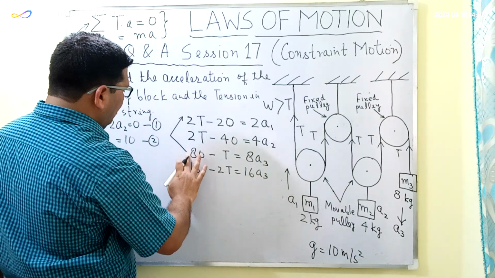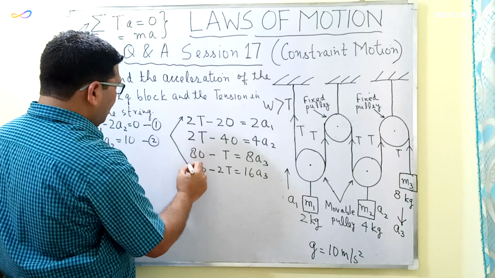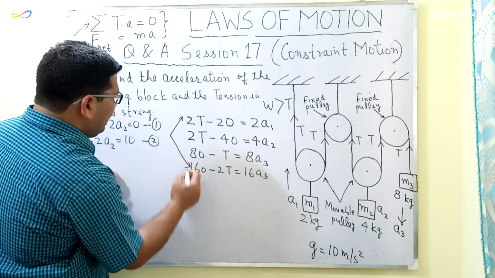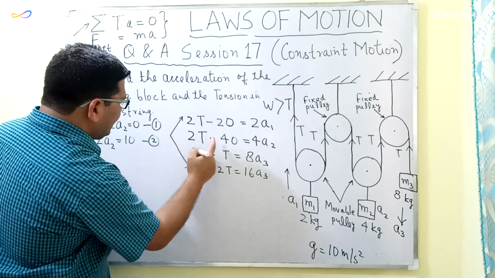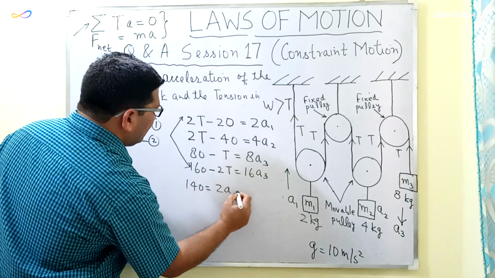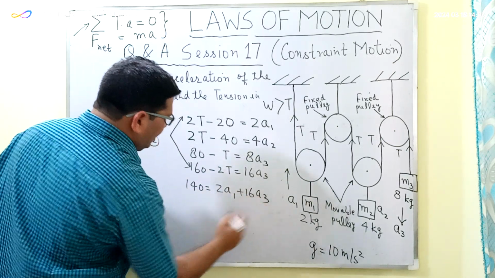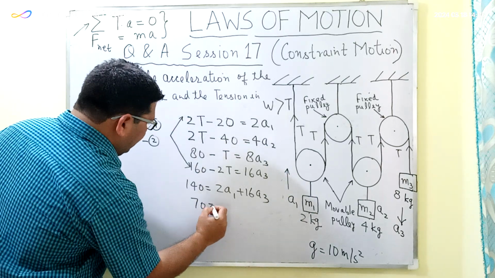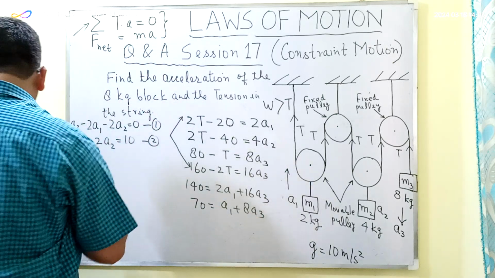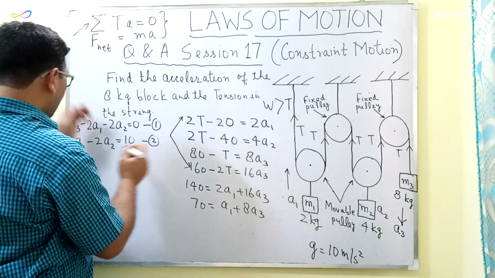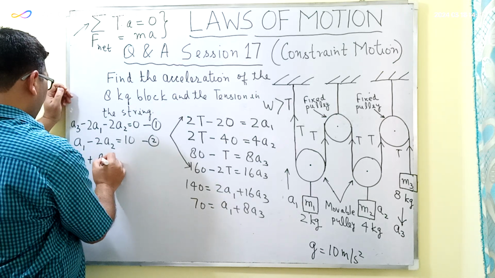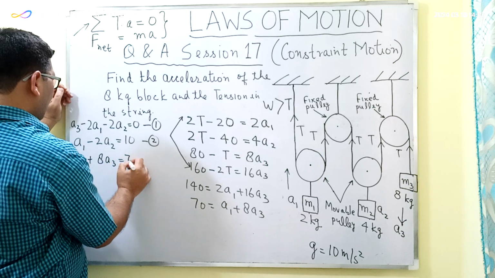Now if I add this equation and this equation, 2T and minus 2T will get cancelled, and I will be getting 140 on the left hand side, equal to 2A1 plus 16A3 on the right side. So 70 is equal to A1 plus 8A3. This is the third equation which I have got, A1 plus 8A3 is equal to 70.